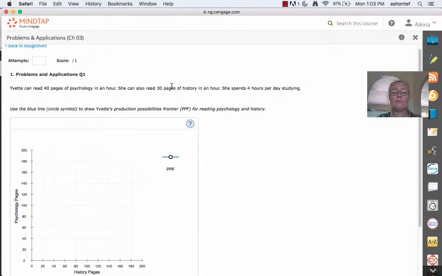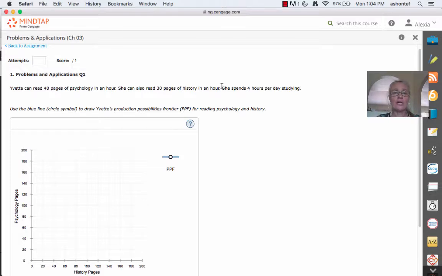Okay, so they're giving you in increments of 1 hour. And then, this is very important, it says she spends 4 hours per day studying. What you want to do is figure out the total number of pages that she can read in the allotted time she's given to studying, which is 4 hours.